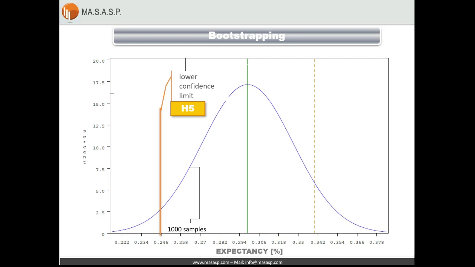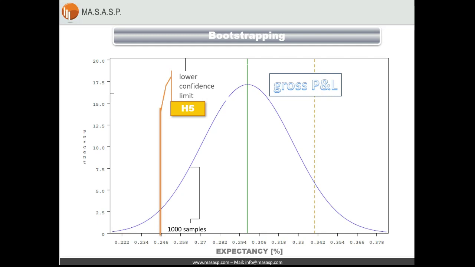Remember first that all the performance estimates included in the MASASP outcomes are gross estimates. There is a valid reason for that. Transaction costs are handled as netting factors, which will be the topic of lesson 5.